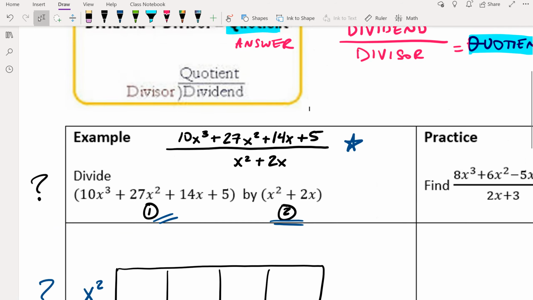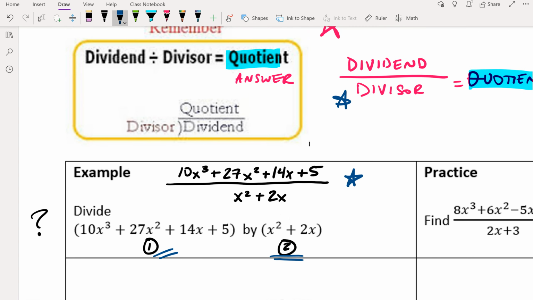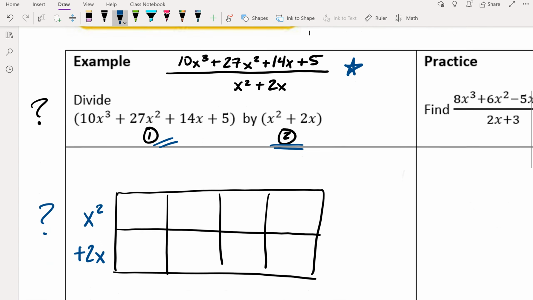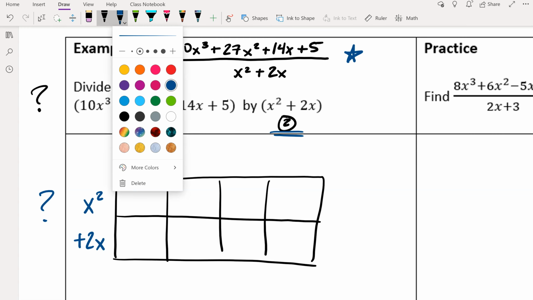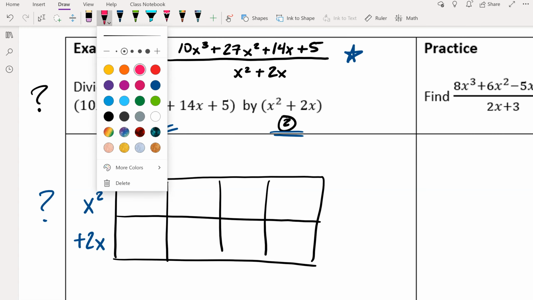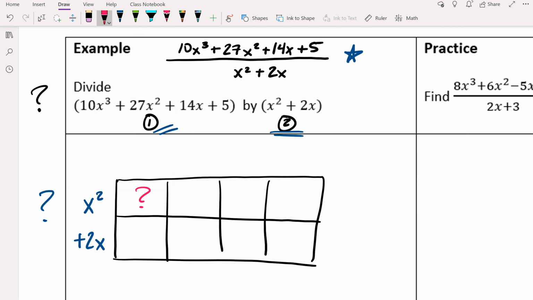The piece on bottom, also known as the divisor, goes on the side of your box. Okay, now we should start putting something inside our box. So what should I put inside my box? I want you to tell me what goes here.